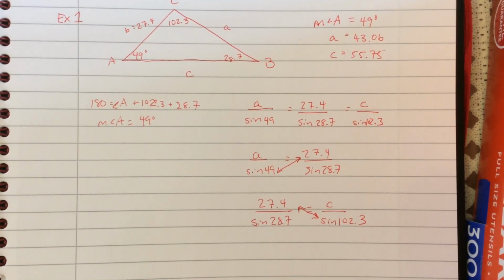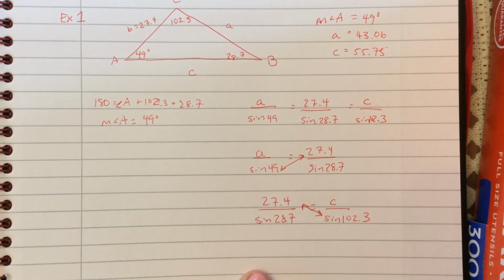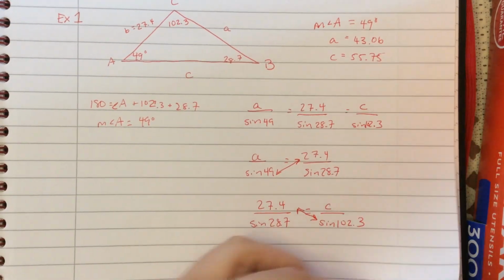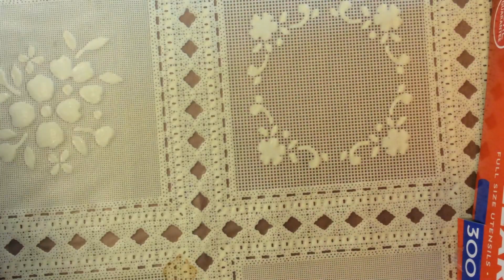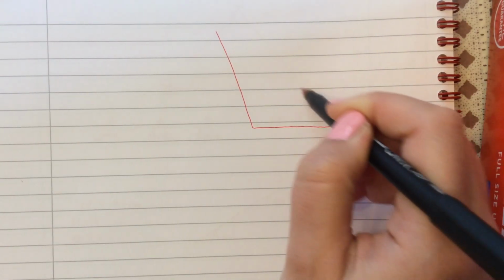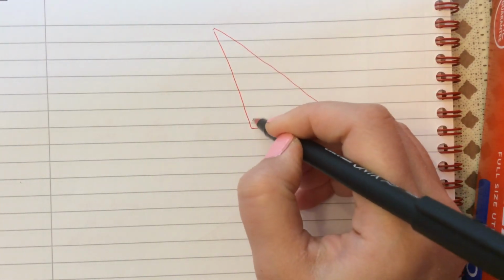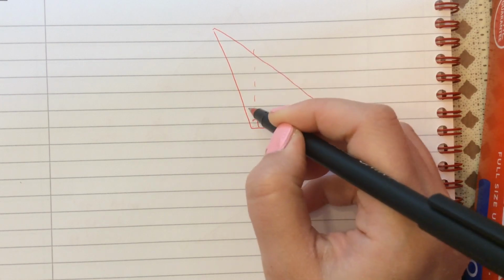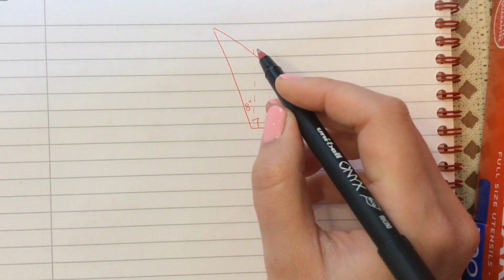So now let's try another example. So let's look at example 2 now. So we have, my picture's not perfect, but a right angle. They're telling us this is 8 degrees.